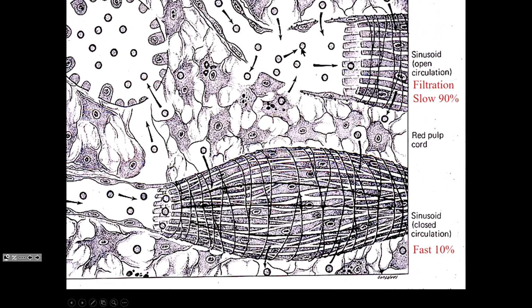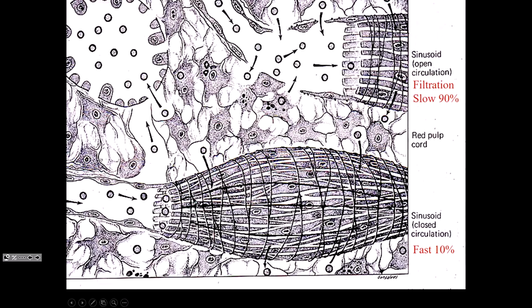And these sinuses sometimes, or for the most part, are discontinuous with the vasculature. So these red blood cells can pass between the endothelial cells out into the parenchyma, then pass back in, and then back into the sinus. Okay, this is called an open circulation. If there's a continuity between the blood vessel and the sinus, that's closed circulation.